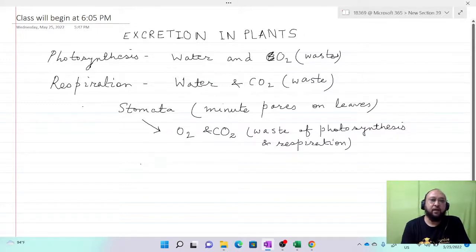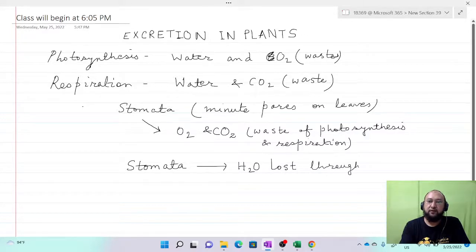Stomata are also involved in releasing water, H2O, which is lost through these stomatal pores.